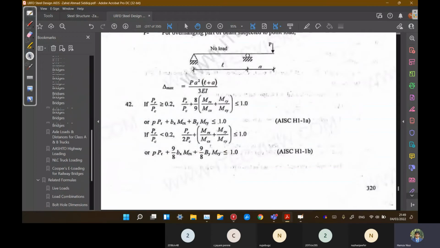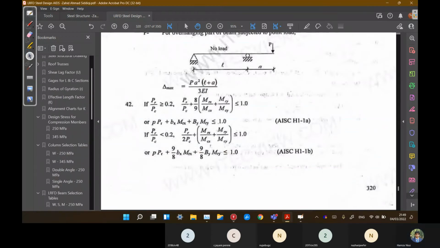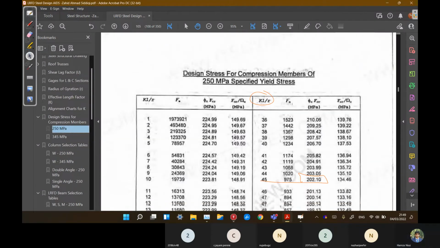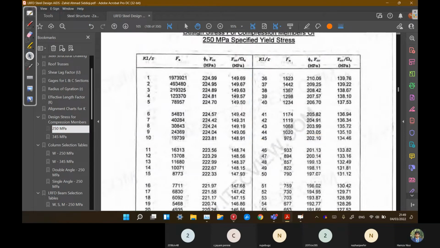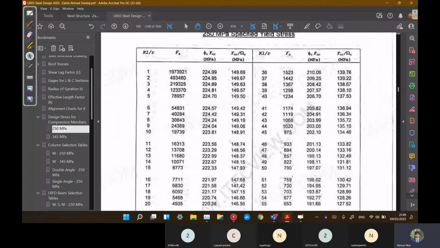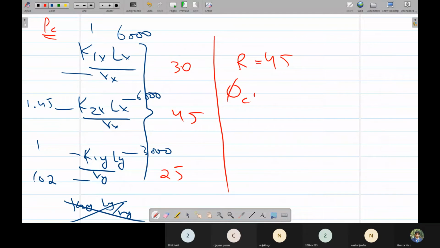So we have to take this slenderness ratio, go to the compression members table, and check KL over R at 45. Then phi c Fcr would be 202.1. This is our phi c Fcr.